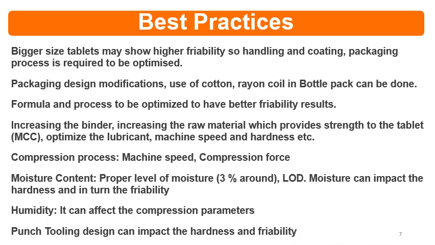Then bigger size tablets may show higher friability, so handling and coating packaging process is required to be optimized. Generally bigger tablets have a mass of around 800 mg or 1000 mg or 1200 mg, and these tablets show higher friability compared to small size tablets.